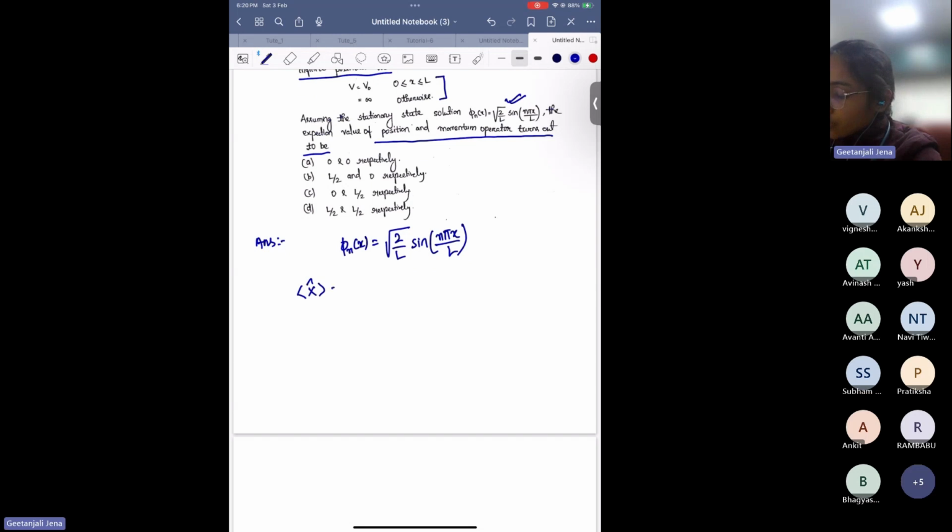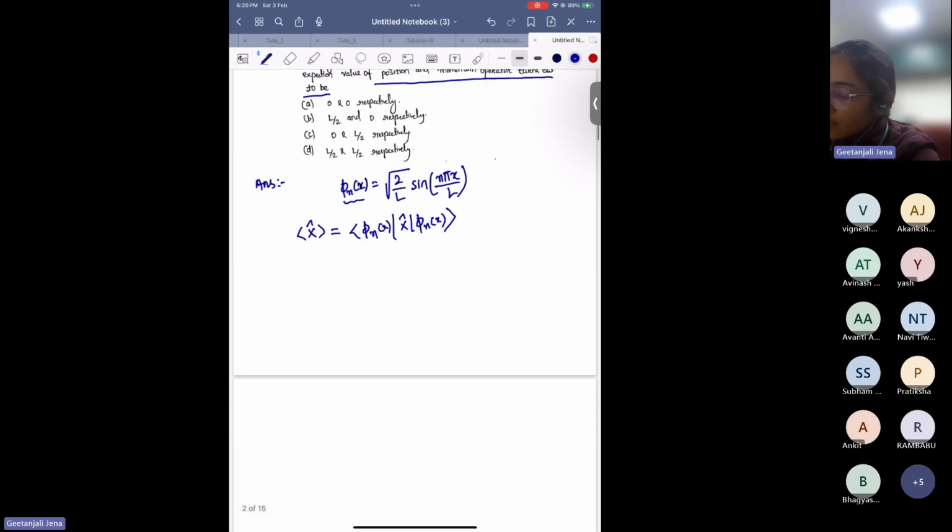How can you calculate it? This is equivalent to calculating the expectation value in this state. So you can write it as phi n, x operator, phi n in bracket notation. In integral form, you can write it as the integral of phi n star x, x square, phi n x dx.